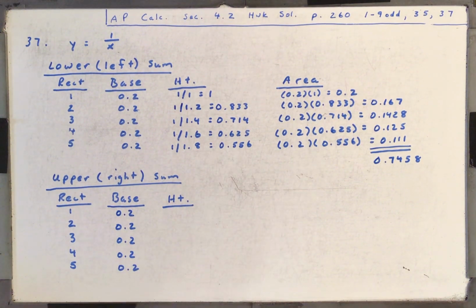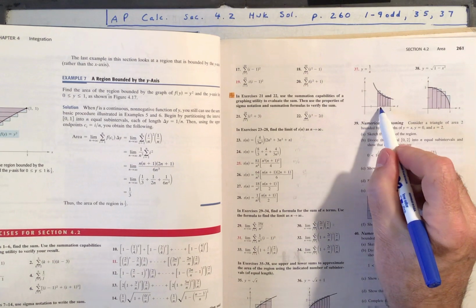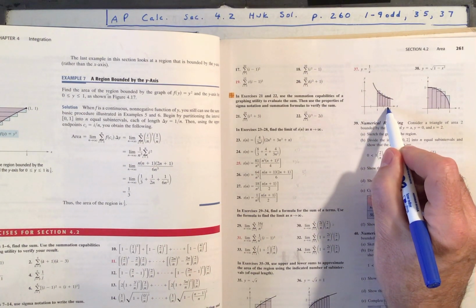Now this time we're starting on the right-hand sum, so we are starting on the right rectangle, which would be 1.2, and then we'll go to 1.4, 1.6, 1.8, and then finally 2.